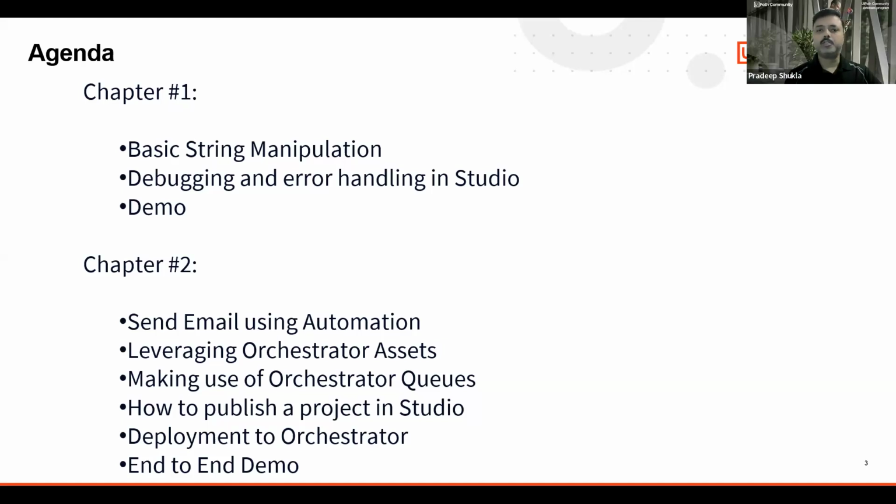And there are concepts for queues and how we use them, how we build a project and publish it, so that we can consume it and put that automation in production. I know there's a lot to cover, but we'll go bit by bit. Again, this is primarily just an introduction to all these concepts.